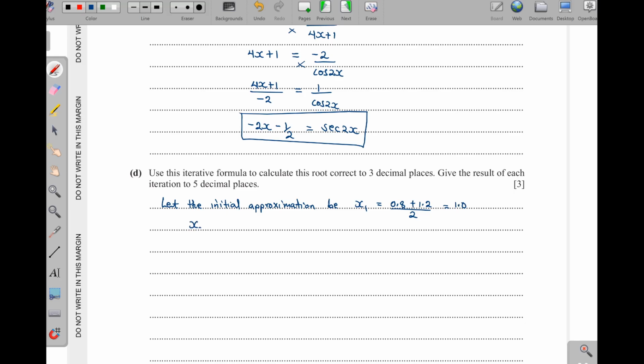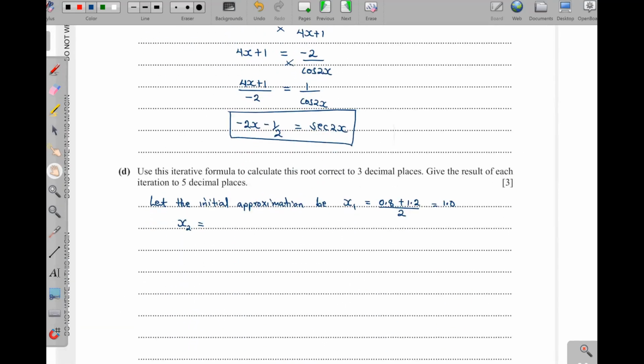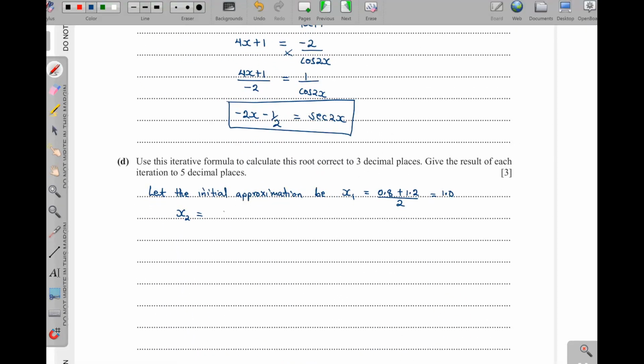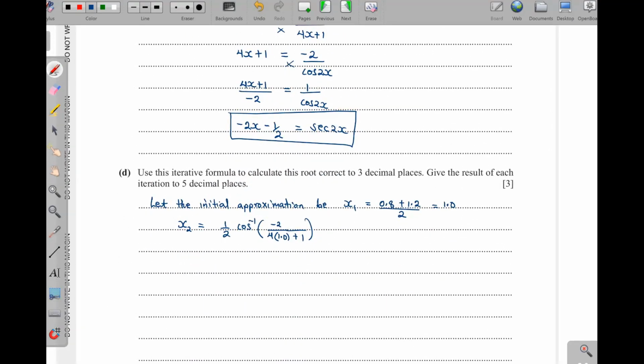Now, what is x2? I'm going to substitute in here. So it's a half, then the arc cos of negative 2 into, is it 4x? 4x plus 1. I guess so. It is 4x plus 1. Yes, like that. Then you get the answer here.